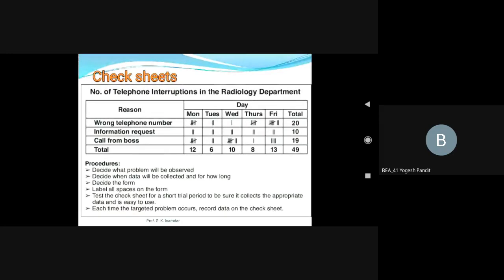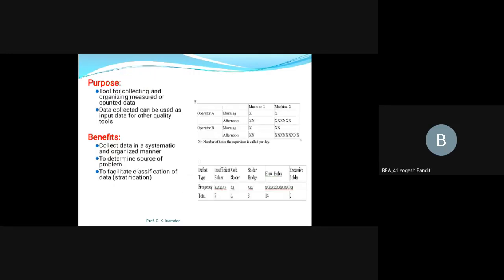Decide what problem will be observed, decide what data will be collected and for how long. This is the basic information. So what is the purpose and benefit of the check sheet? It is a tool for collecting and organizing measured or counted data. Check sheet is generally used for counted and measurable data. Data collected can be used as input data for other quality tools.